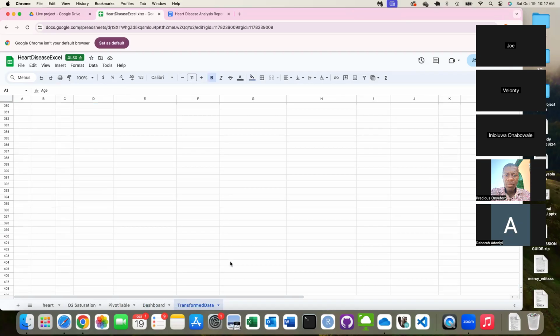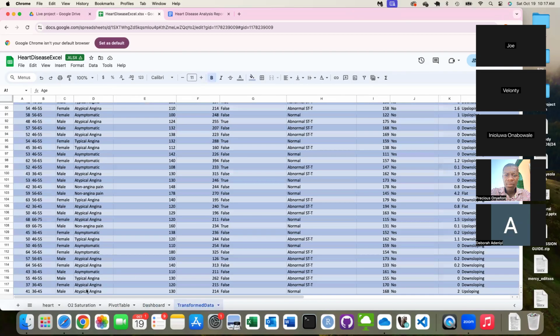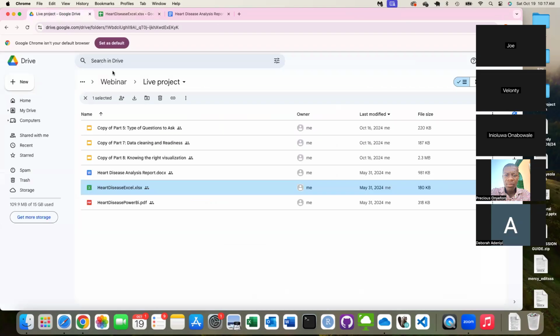So let's do something a little bit practical and find the data ourselves. What I want to try to do is not just run analysis on something that is ready-made. So we're going to find the data by ourselves.